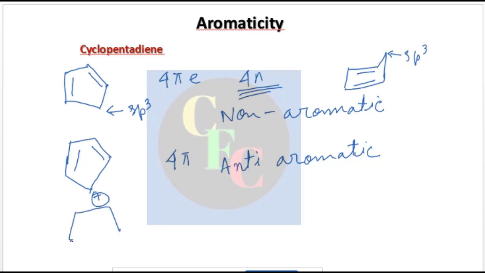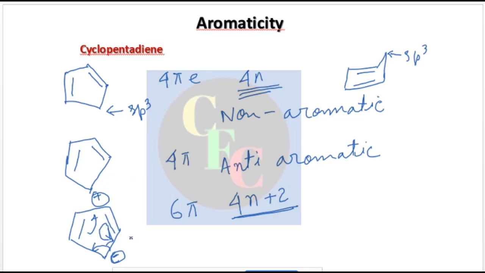But if you have an anion, the cyclopentadienyl anion, with a negative charge here, now you have a 6 pi electron system, so this is a 4n plus 2 system, right? And again you can draw these kinds of resonating structures. So this is cyclic, planar, with an uninterrupted pi electron system and has 4n plus 2, so this is aromatic.